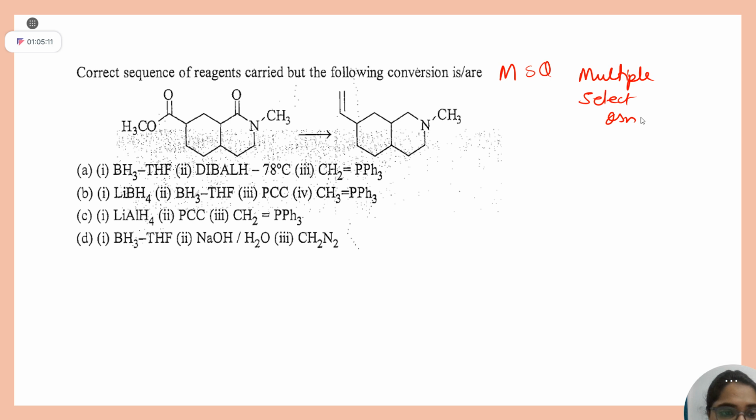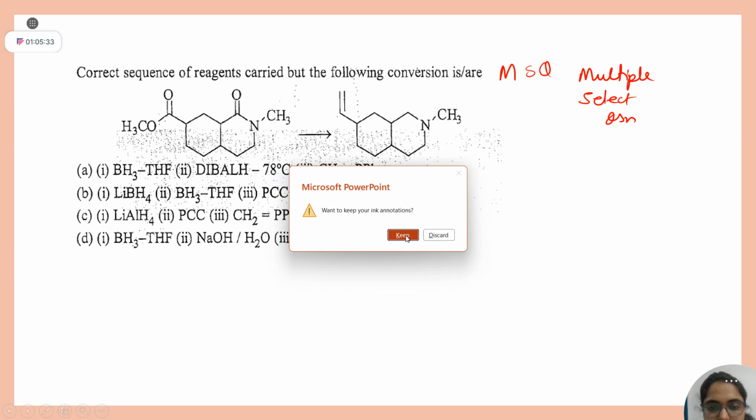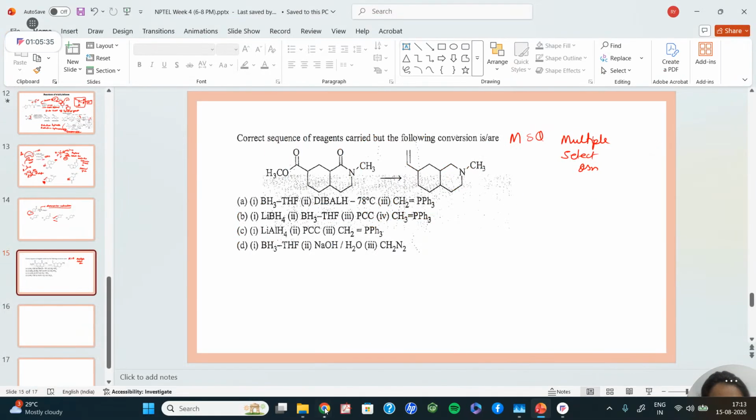So see, you have to look at the options and see, do you know every reagent? Yes, you know each of the reagents. You know BH3, you know DIBAL-H. The last one is nothing but your Wittig reagent. Okay, go, do one by one. Is there anyone in class right now I can do this with the help of?